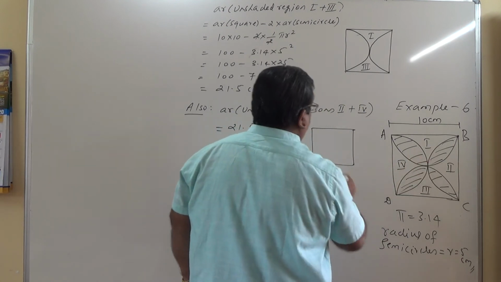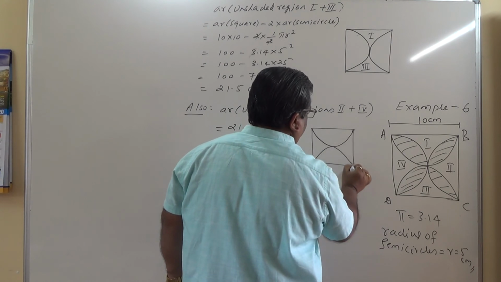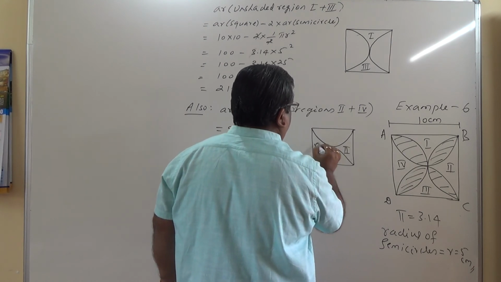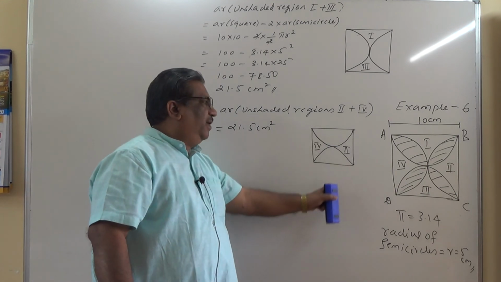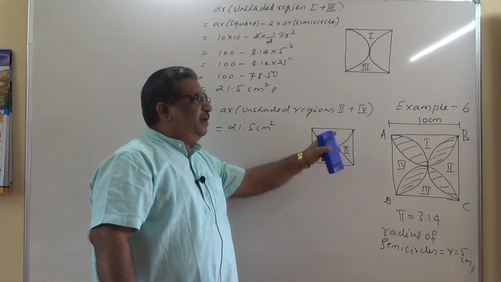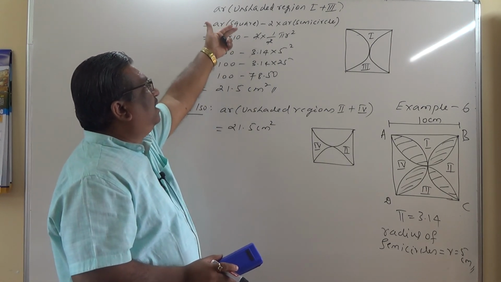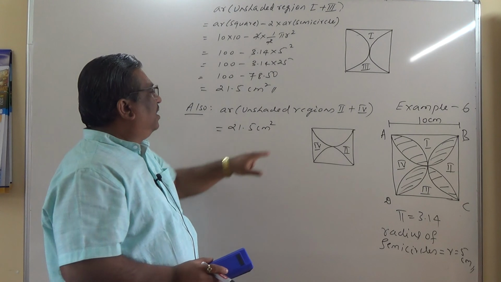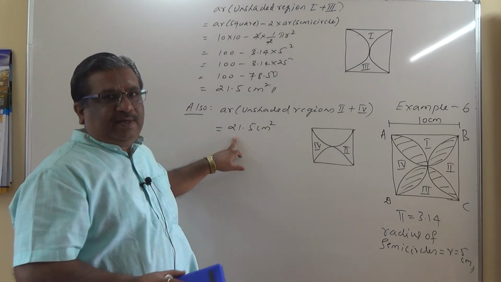In order to find 2 plus 4, this is 2 and 4. So 2 plus 4 is equal to area of the square minus 2 times area of the semicircle, which is nothing but the same as the area of the unshaded region 1 plus 3. And therefore area of the unshaded region 2 plus 4 is also equal to 21.5 square centimeter.